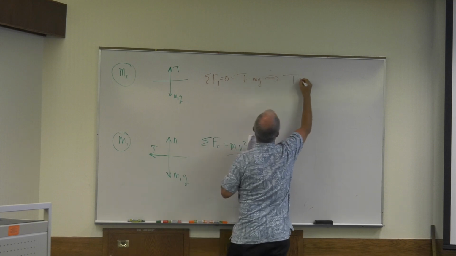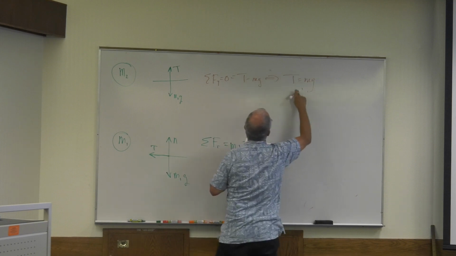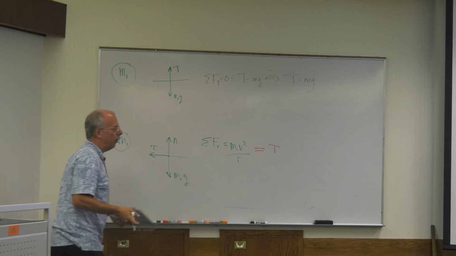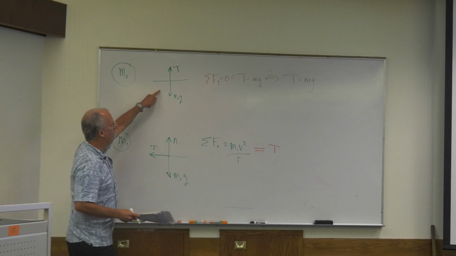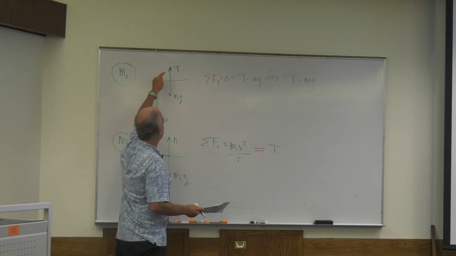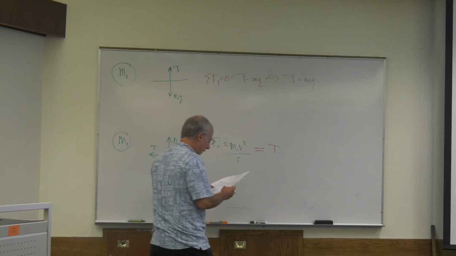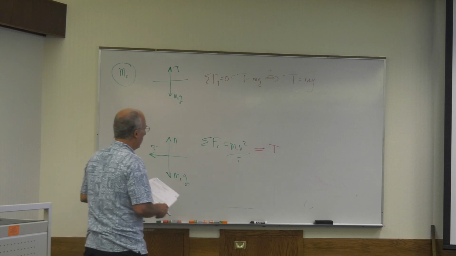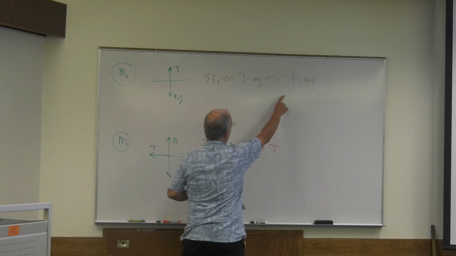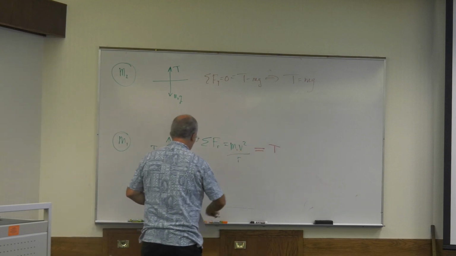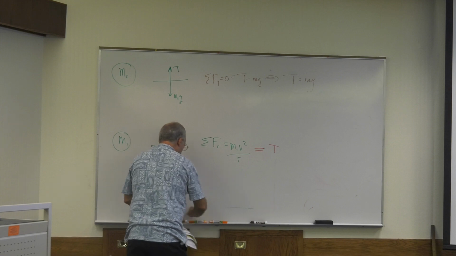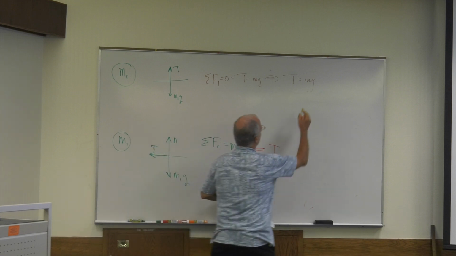Therefore, T equals mg. I hope you're at the point now where you realize that since this is at rest, you could have immediately said T equals mg. Could have immediately gone to that step, but whatever. So here we have T equals mg, and here we have T equals mv squared over r. Now we're going to put them equal.